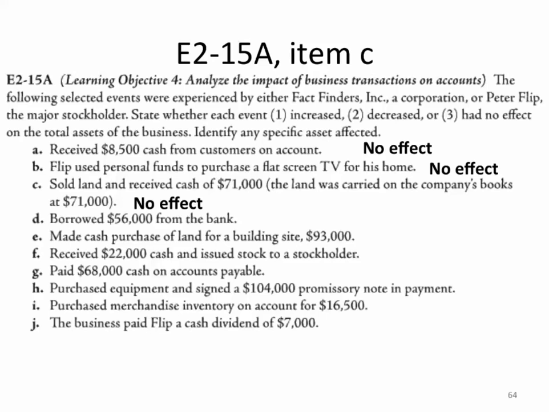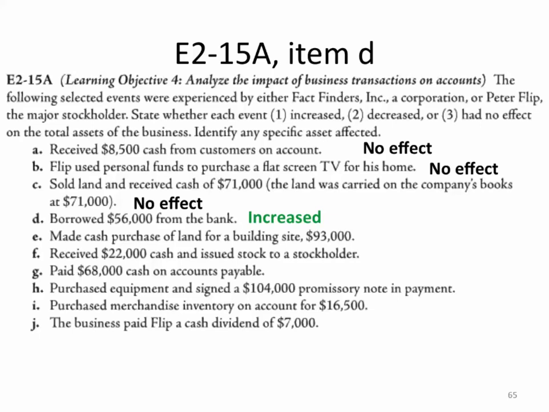We borrowed $56,000 from the bank. That's typically going to be a note payable. Okay, but accounts payable, you're in the right vicinity. So that would be increased assets, because we're looking at the total impact on assets. So the asset here impacted is cash. The other side of it is a liability. So total assets increased from D.